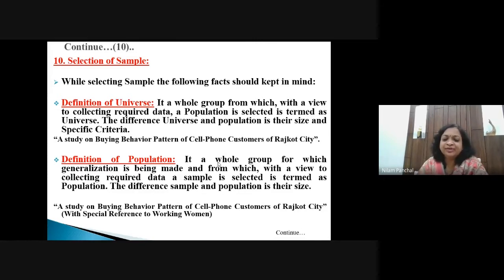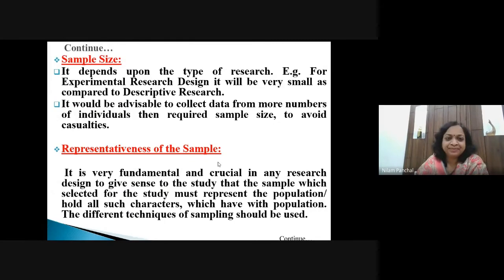Here it is very, very specific, with reference to working women, right? So here your population is defined: you want to focus upon the working women of Rajkot city who are utilizing the cell phone, and you want to check their buying behavior pattern.